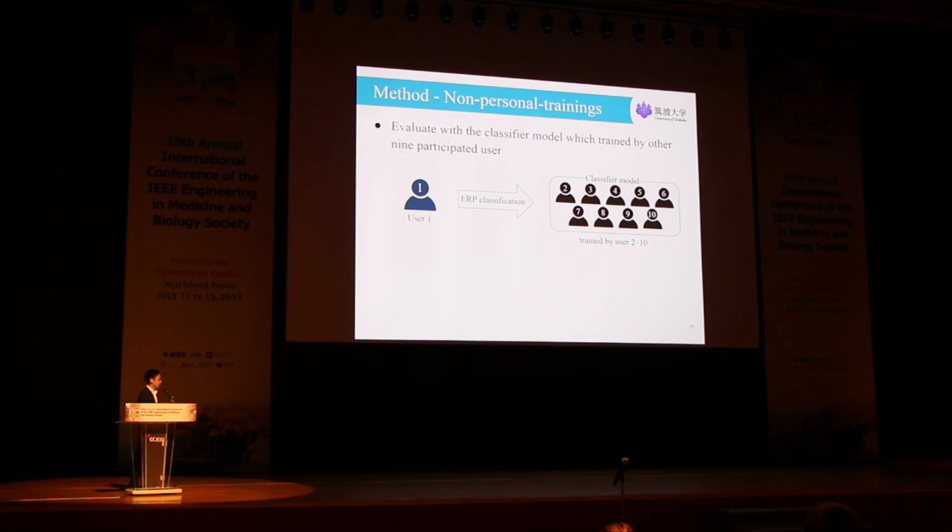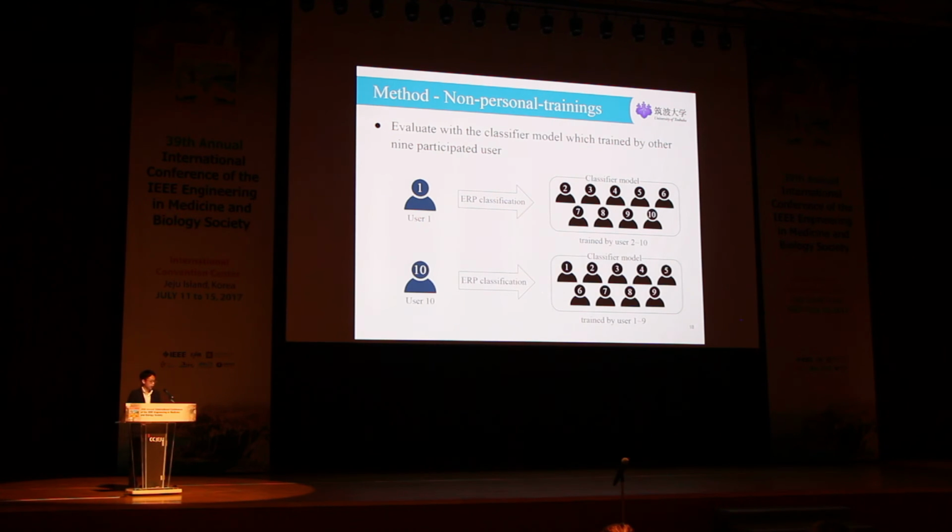In addition to applying the CNN as the classifier for the ERP classification, we also tried to achieve non-personal training for the calculation. For instance, for user number 1, the ERP classification is conducted by a classifier model trained by the other users.